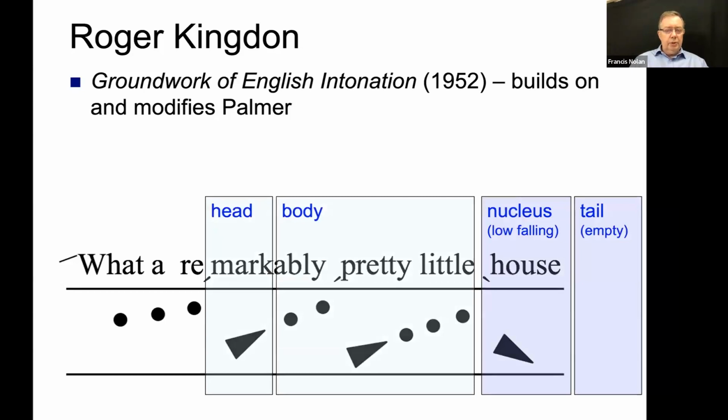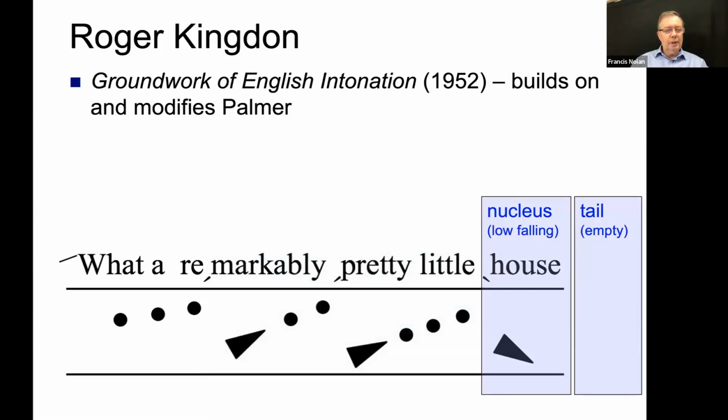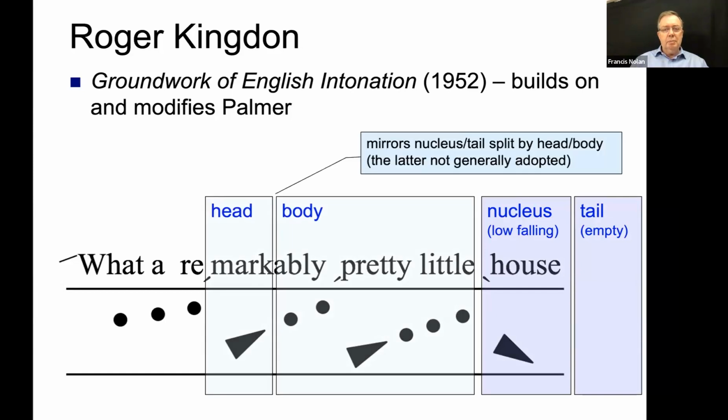And then he actually makes the distinction between head being the accented syllable at the beginning of that pre-nuclear part and the body. And that's kind of an unnecessary complication, I think. But it's mirroring the split between nucleus and tail in some sense.